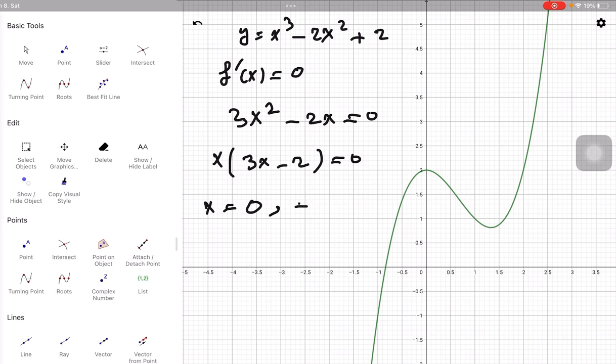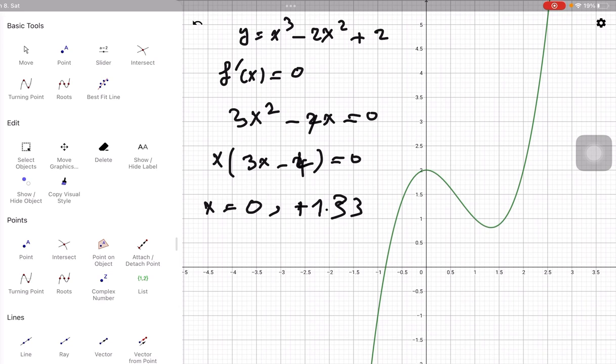Excuse me, it will be minus 4x because of the derivative, and x will be positive 4 per 3, 1.33.